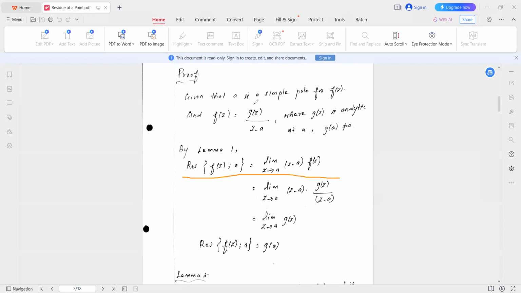Here, f of z can be written as g of z by z minus a, so we substitute the value of f of z. Then z minus a gets cancelled, and the limit as z tends to a of g of z becomes g of a, because the function g of z is analytic at the point a. Therefore, the residue of f of z at the point a is equal to g of a.